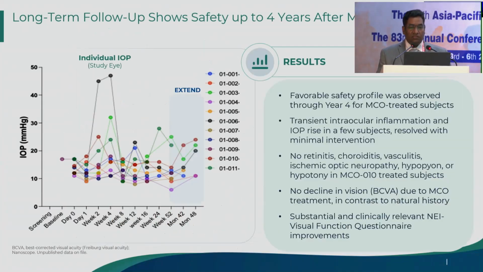The results show a favorable safety profile was observed through 4 years in MCO-treated subjects, and transient intraocular inflammation and IOP rise in a few subjects resolved with minimal intervention. There is no retinitis, choroiditis, vasculitis or hypopyon in any of the patients, and there is no decline in visual acuity due to MCO treatment, in contrast to the natural history of the disease. Clinically relevant NEI VFQ score improvements were also observed.